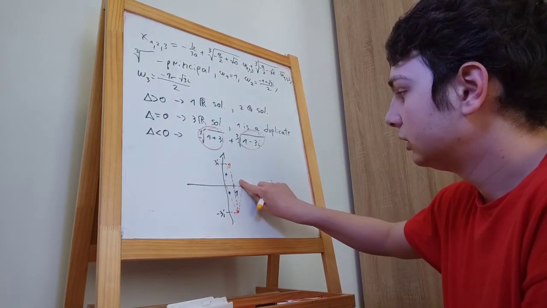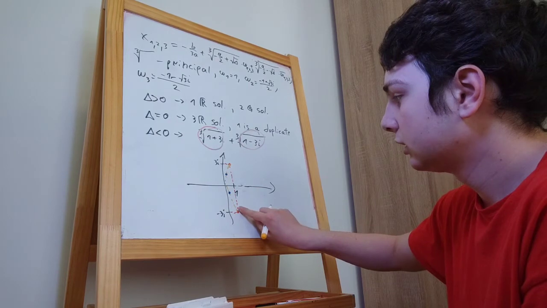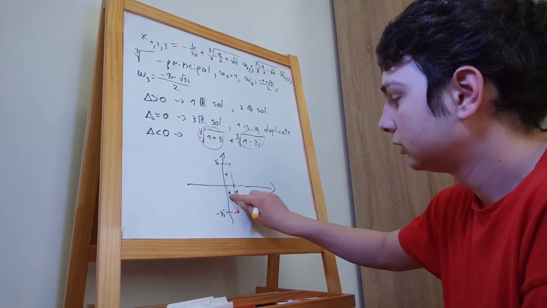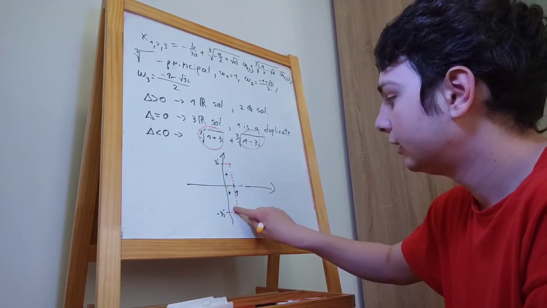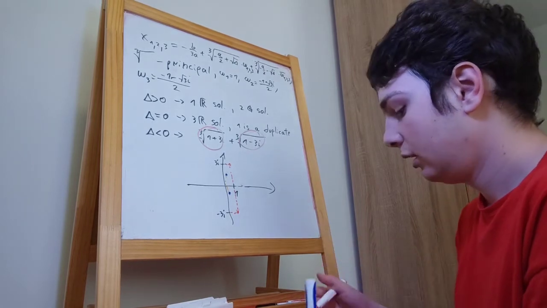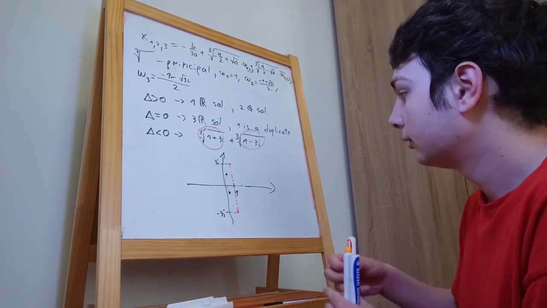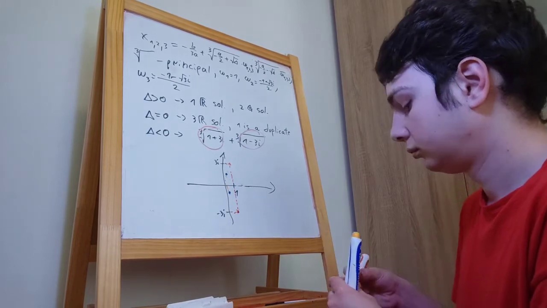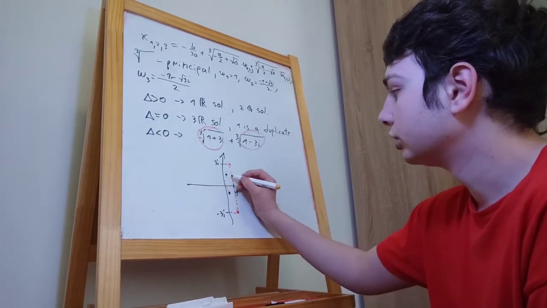Let me just delete this. So the blue dots are the cube roots and the red dots are just the numbers in the cube roots. You get your first solution to be this.